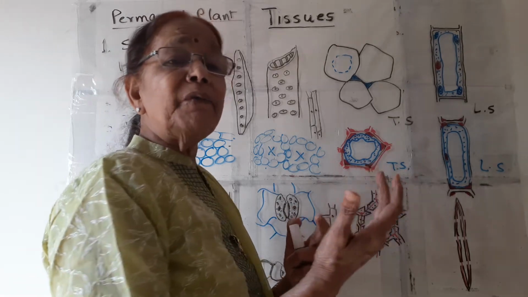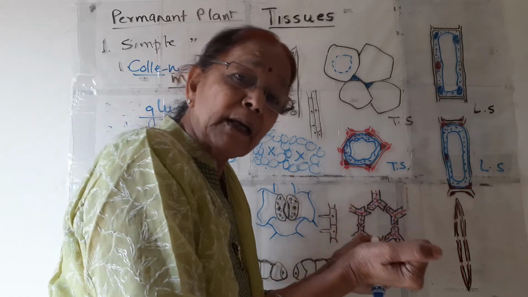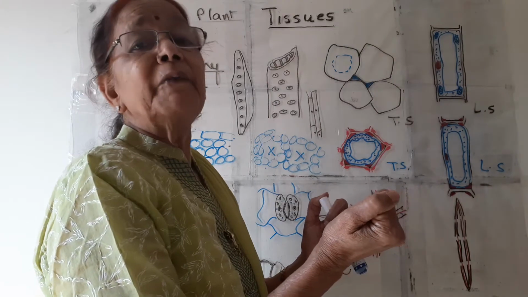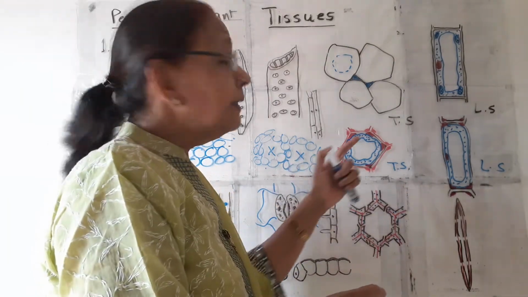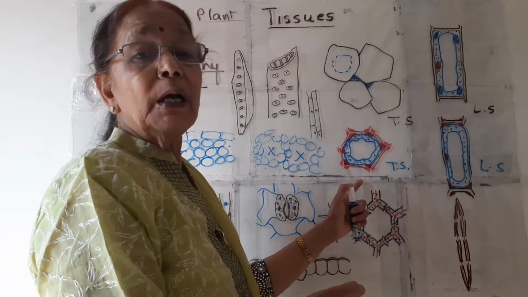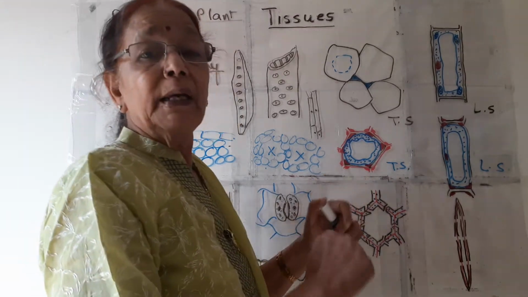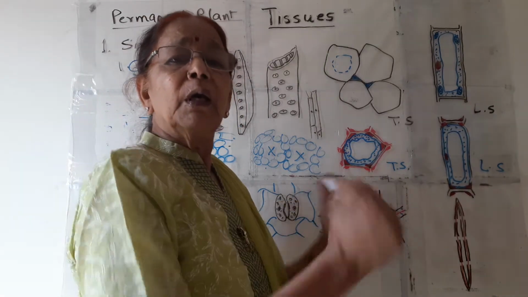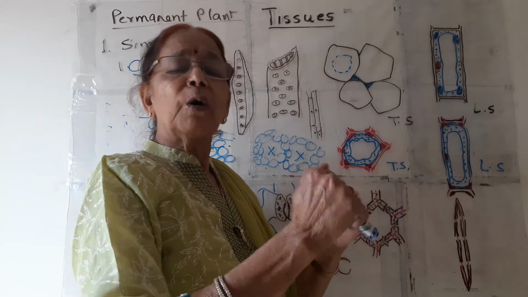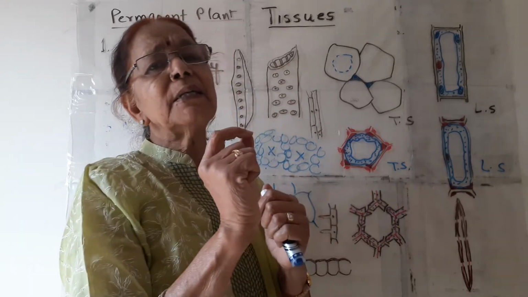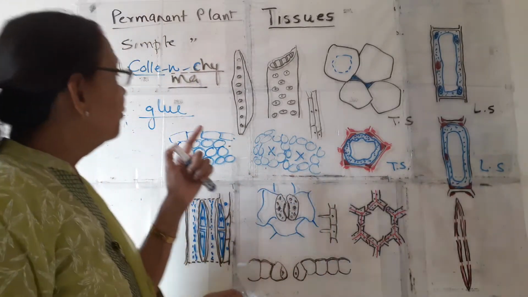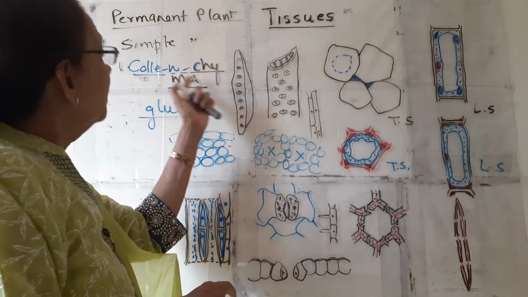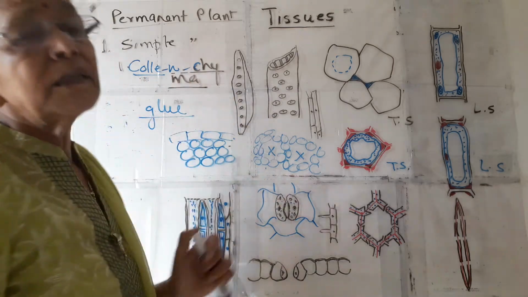By flexible, we mean that we can bend the stalk and young stems without breaking them. Once we break the stalk or young stem, a glue-like substance appears, and it is due to this collenchyma. That's why it's known as collenchyma. In Greek, colon means glue.